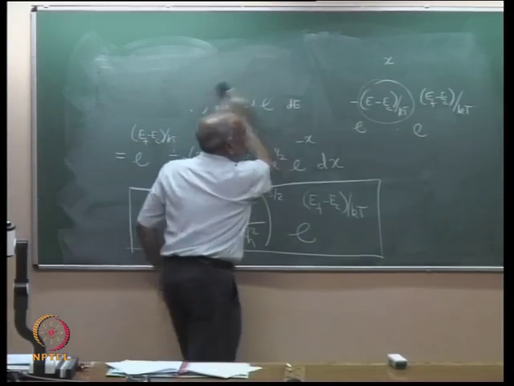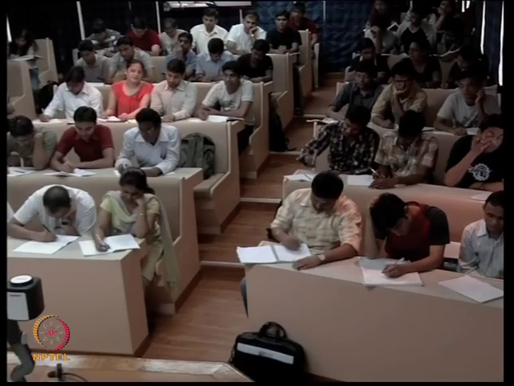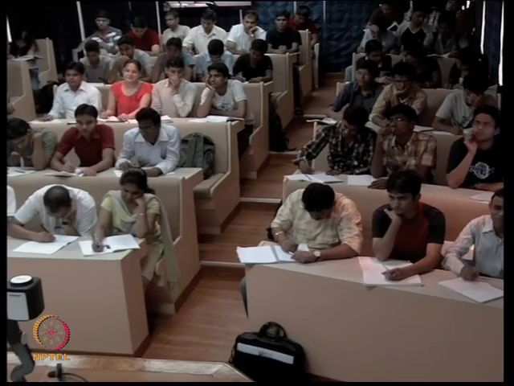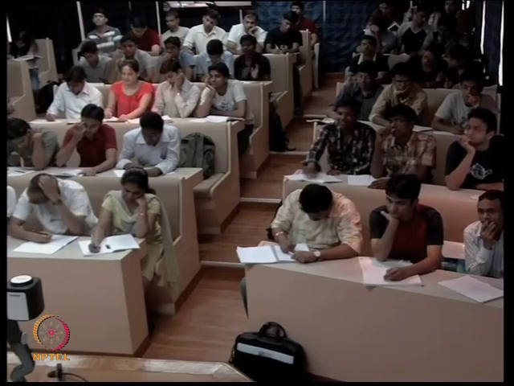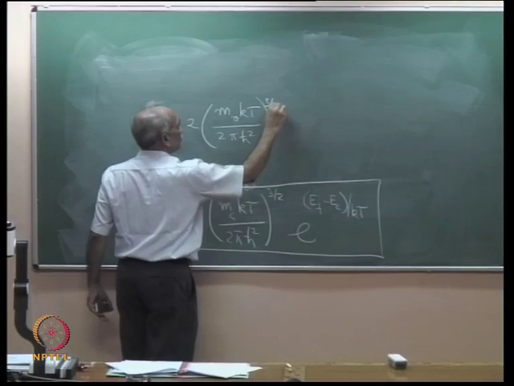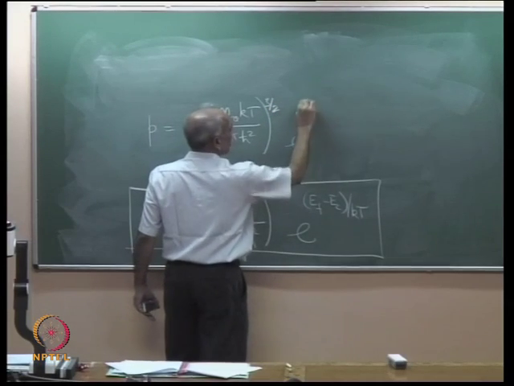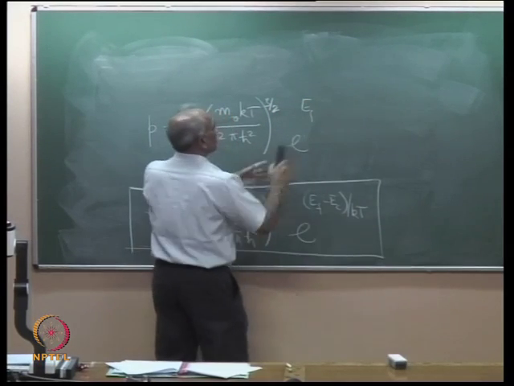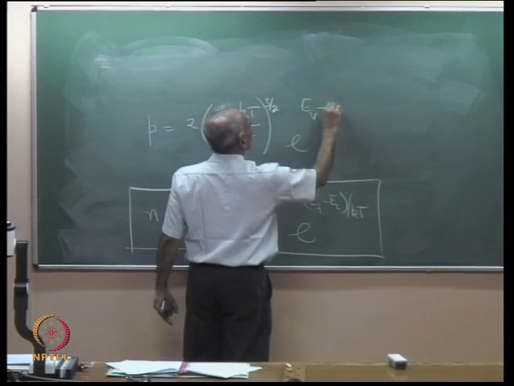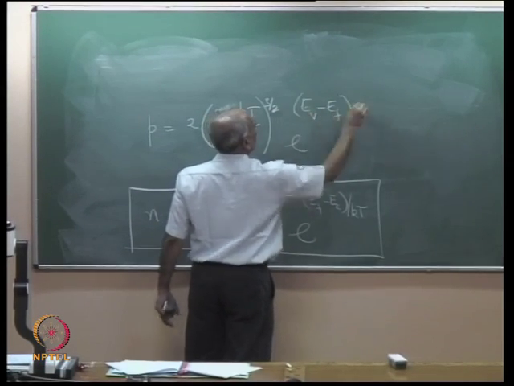Exactly like this, if you follow for the valence band, you get expression for P is equal to 2 into mv kt by 2 pi h cross square to the power 3 by 2 into e to the power ev minus ef by kt.